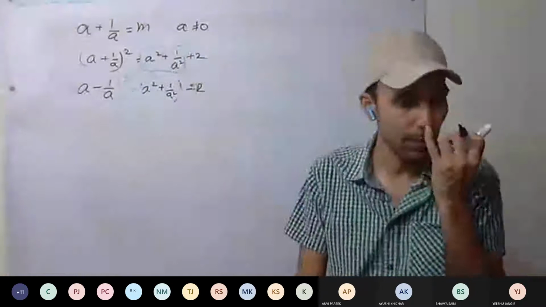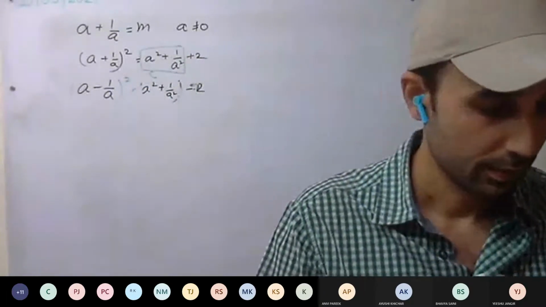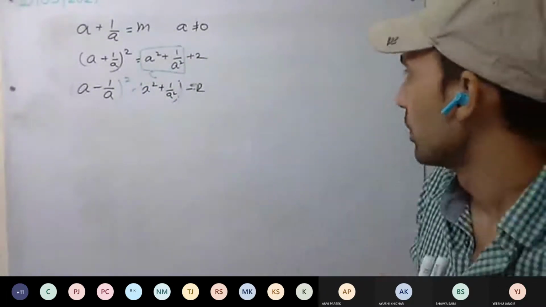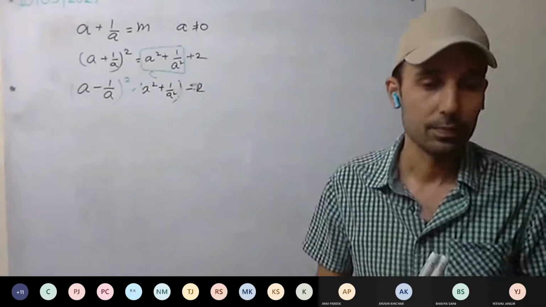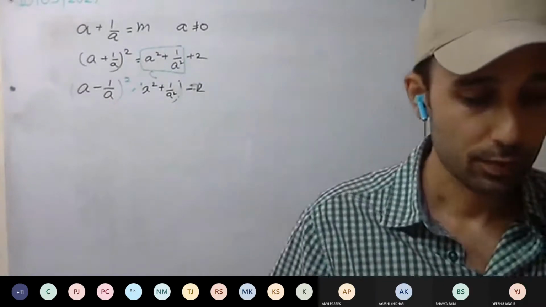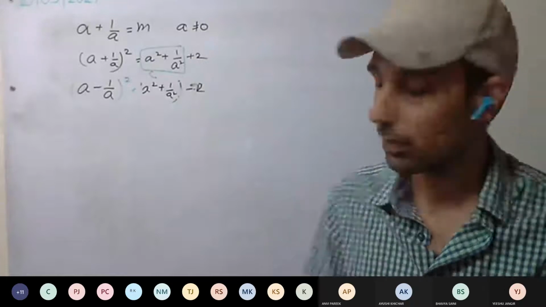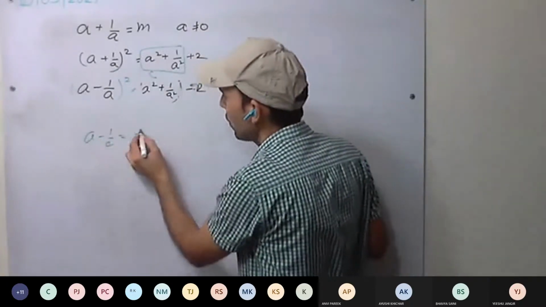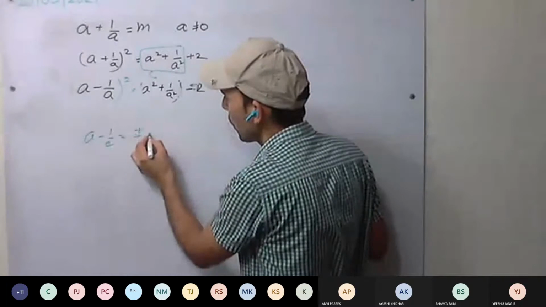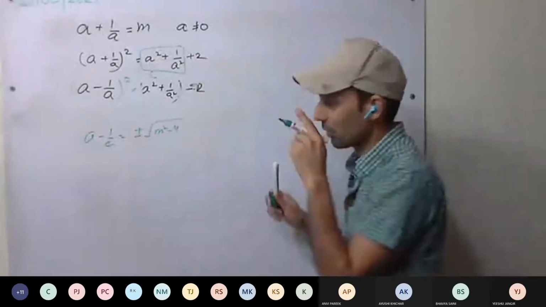Plus minus root of m square minus 4, are you getting? Have we got the value? Yes, sir. a minus 1 upon a, the value must be plus minus root of m square minus 4.